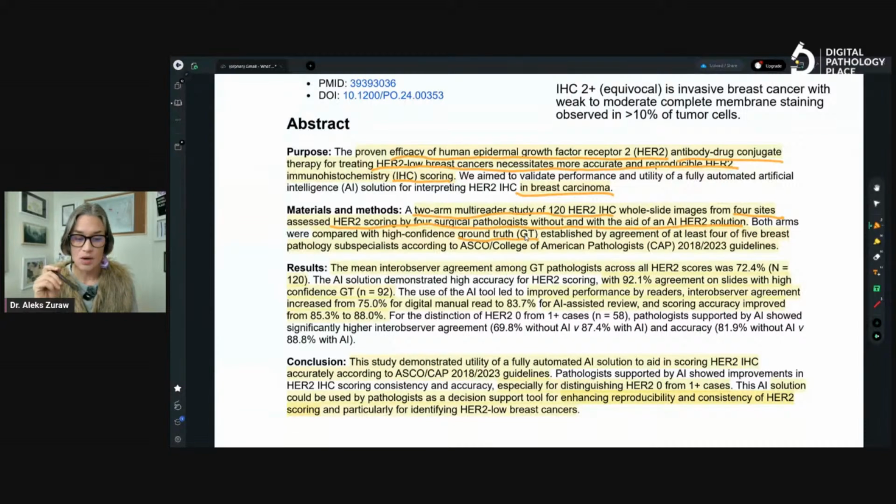And this IHC was the objective ground truth, because everything that was epithelium would stain, and then you could compare how good the pathologists were on their own compared to the objective ground truth, and how good the AI solution was.